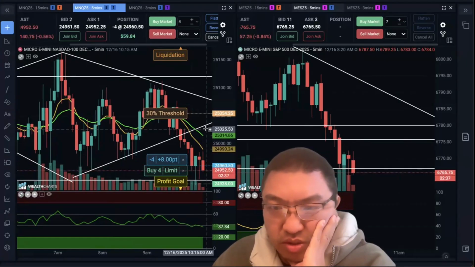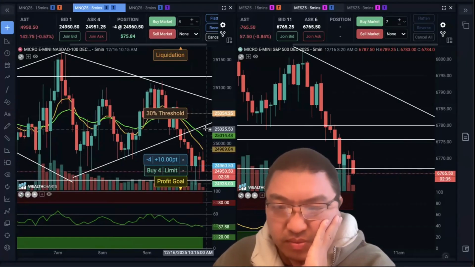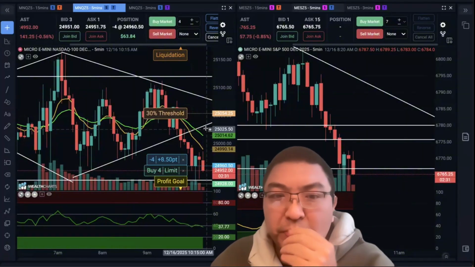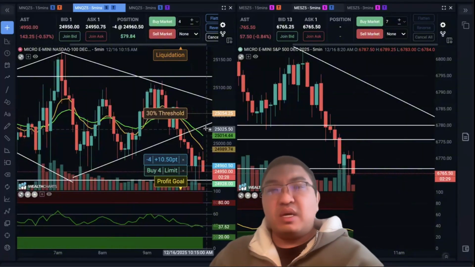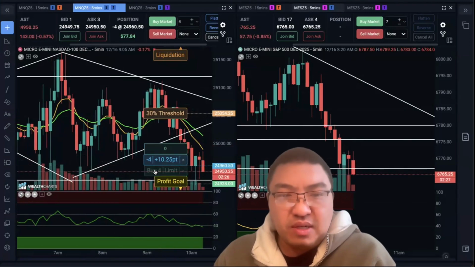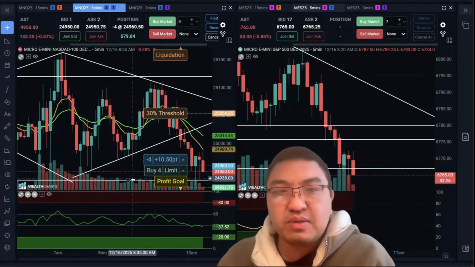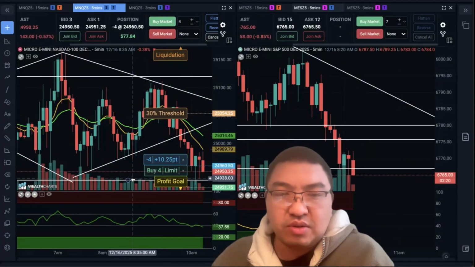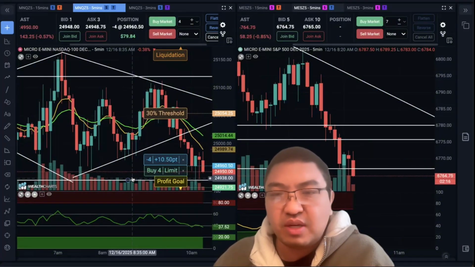For ES it's already showing some consolidation. 3 more minutes. EMA9 catches up, your retest. So it retests to EMA9, very reasonable retest.